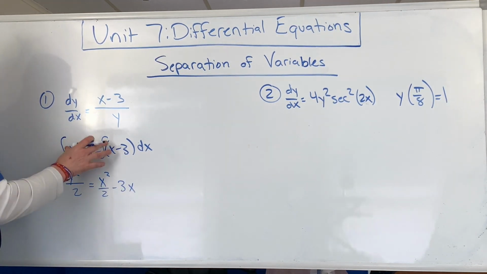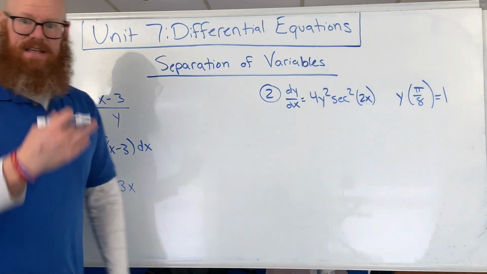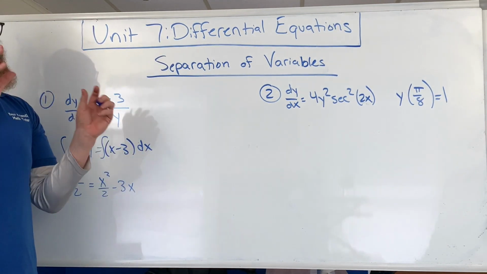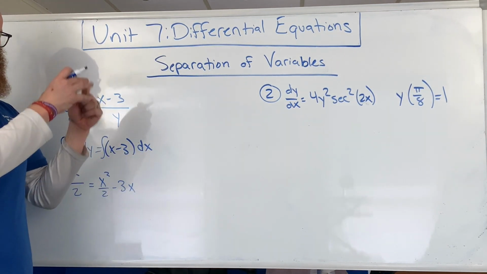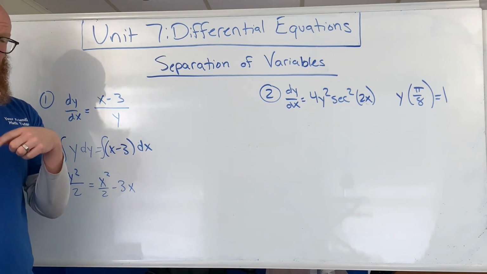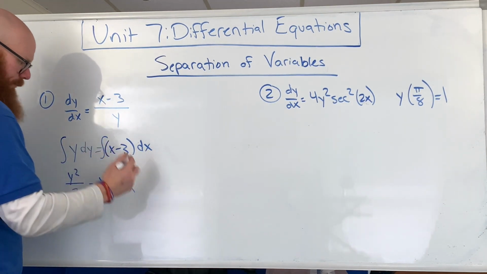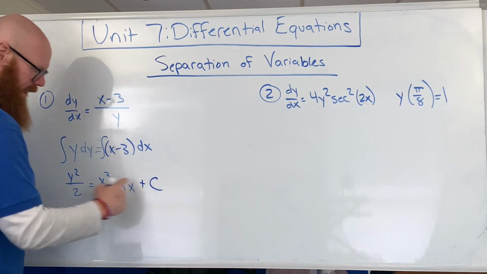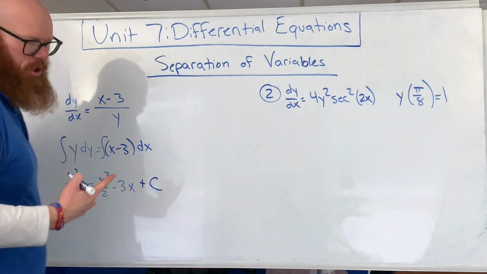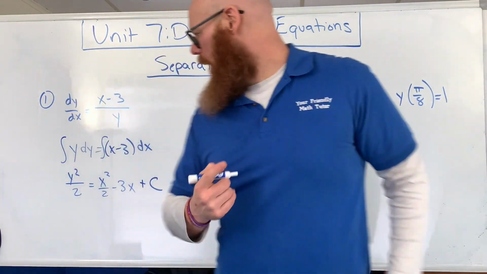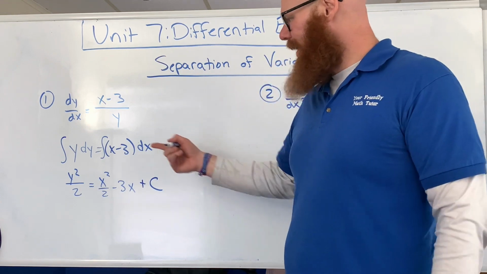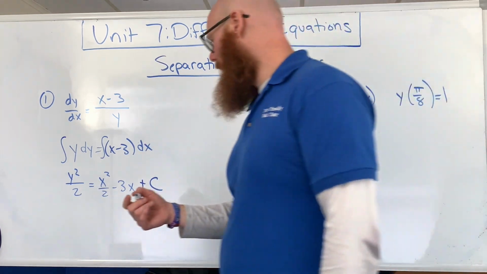Now each of these really needs a plus c, but if I add c to both sides, they could be different c's, and then I could subtract that c to the other side to give a new c. So I'm just going to put one plus c on this side, and typically we'll just put it on the x side. And then after that, if we can, we want to get y by itself.